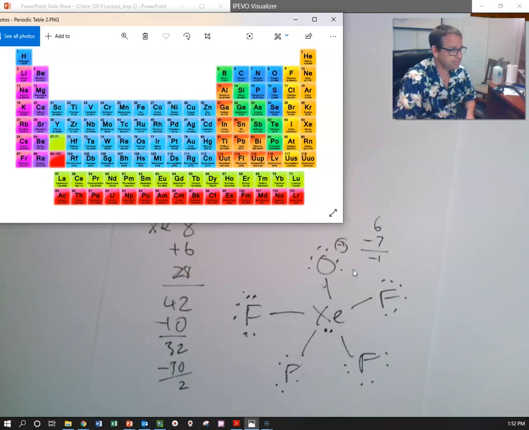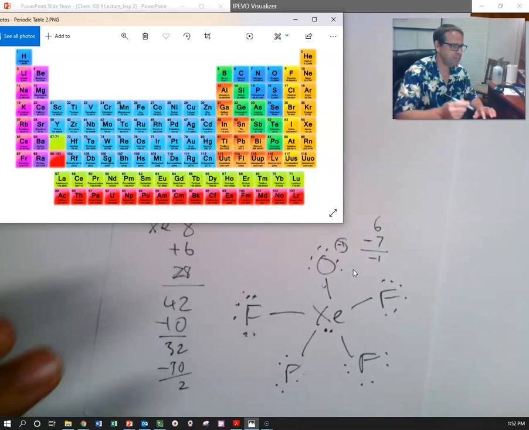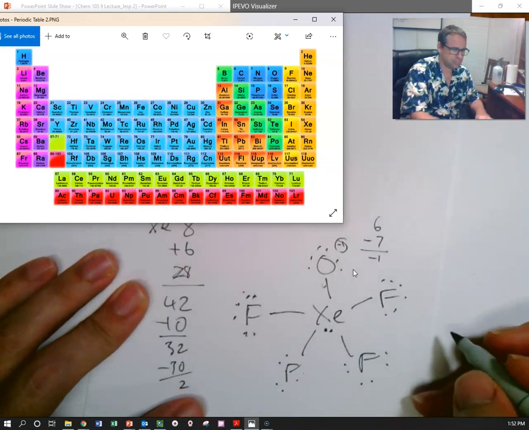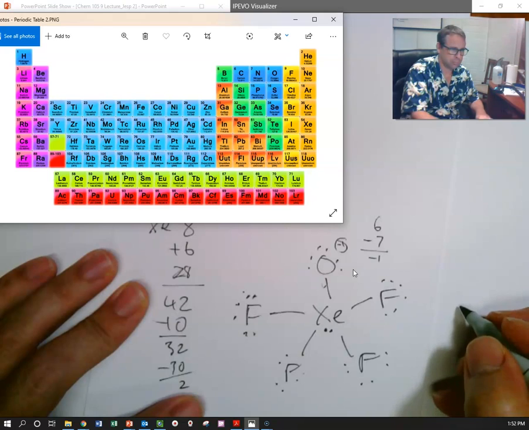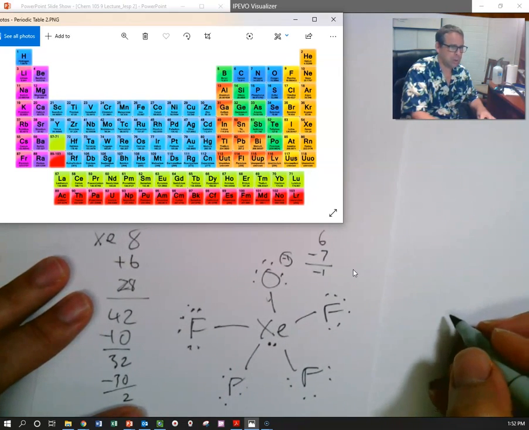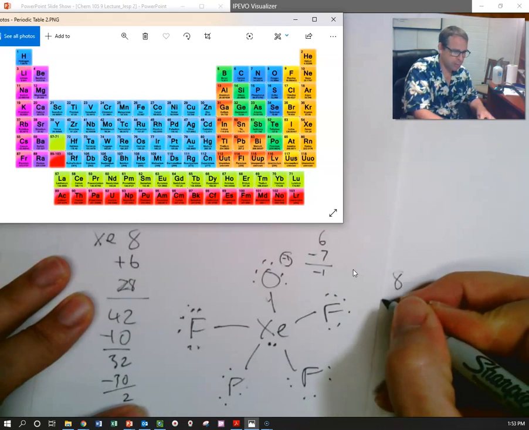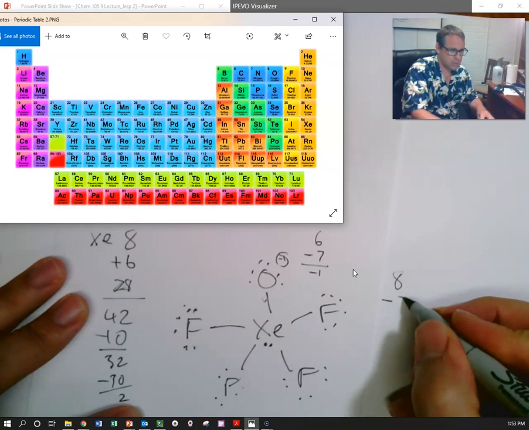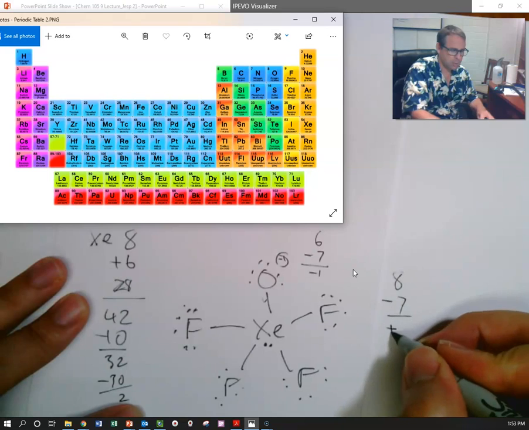Is it 0? Everybody look, what's the formal charge on the xenon? How many did it bring? It brought 8. How many does it have right around it? 7. So we're getting a positive +1.